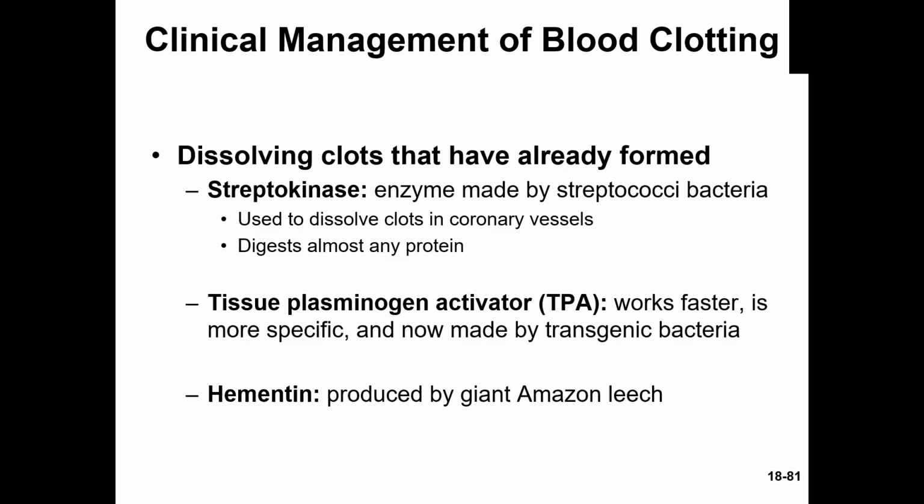There's something called TPA, or tissue plasminogen activator. This will work faster and is more specific. And now it is made by transgenic bacteria. And springboarding from the leech concept, there's something called hementin, which is produced by an Amazon leech.